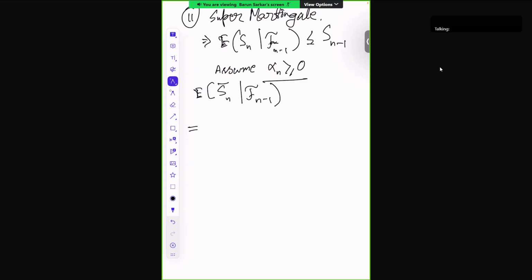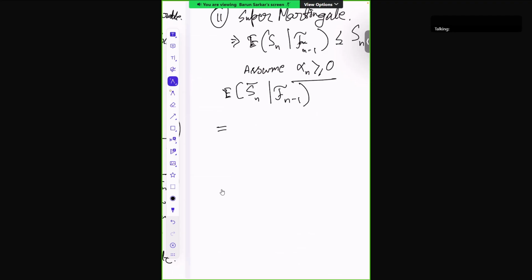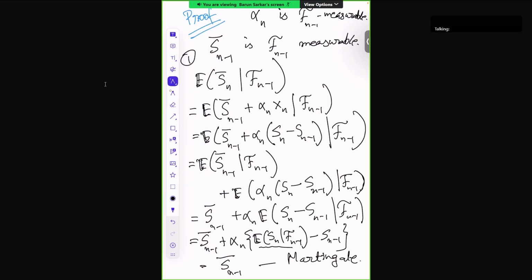You will come up to this last step, I mean before the last step. So you come up to this Sn minus 1 bar, because here we are still only using measurability and these things.